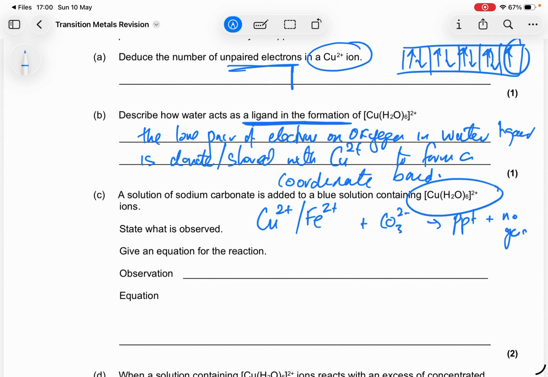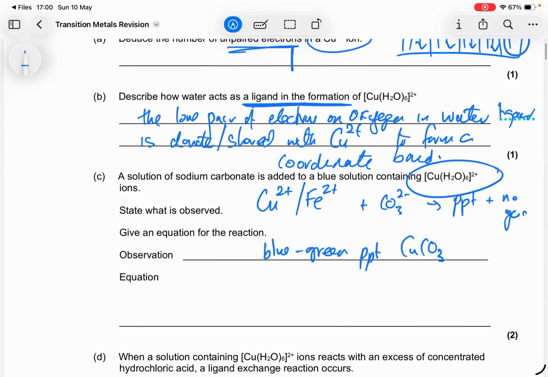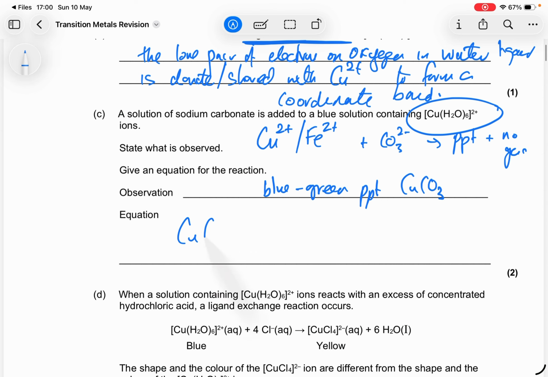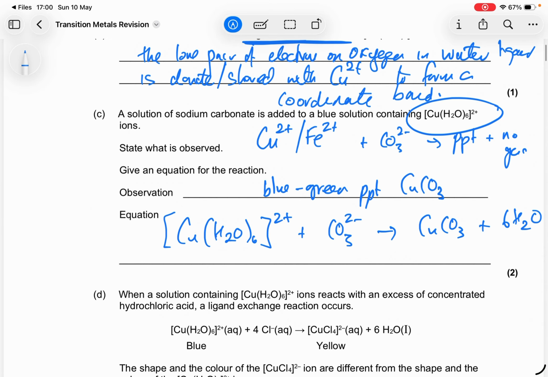What you actually get is a blue-green precipitate of copper carbonate, and the equation, this is for a 2+ ion, will be carbonate, which forms copper carbonate and 6 waters. The same will happen with the Fe2+.